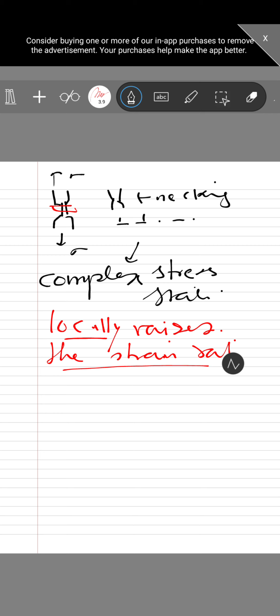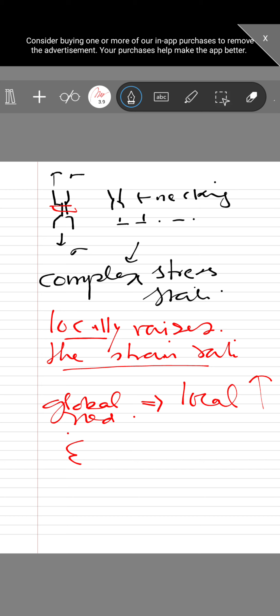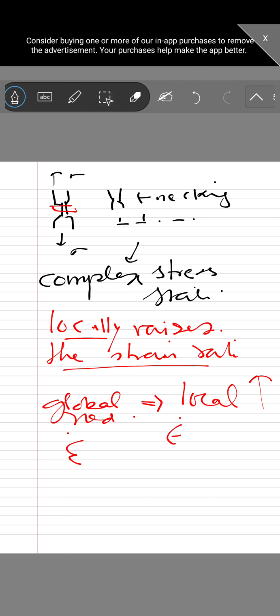So a global, or overall, reduction in the strain rate gave rise to a local enhancement of strain rate. This was all about tension.